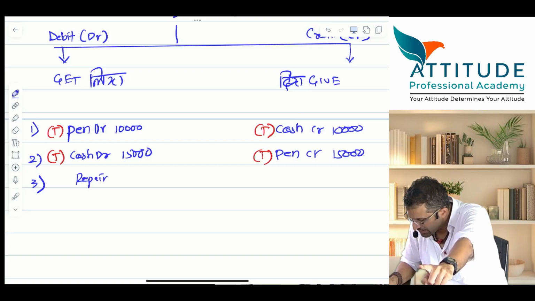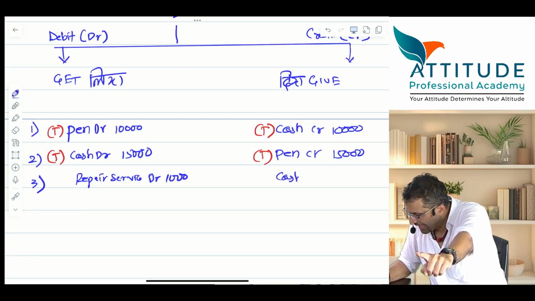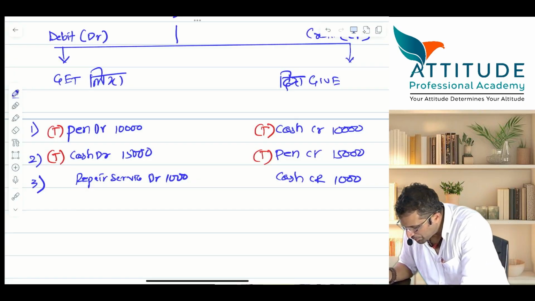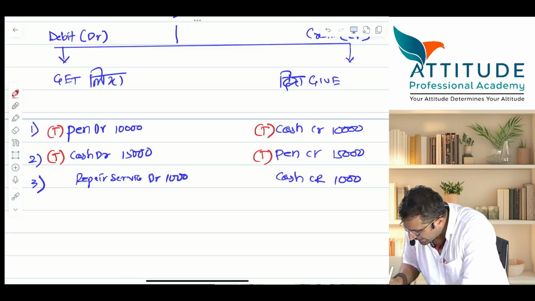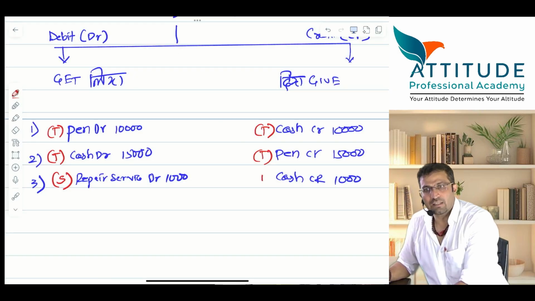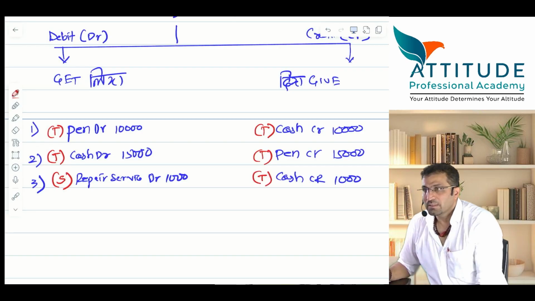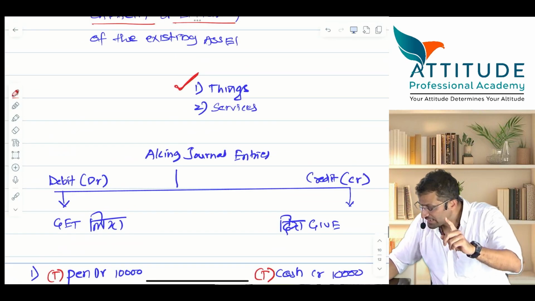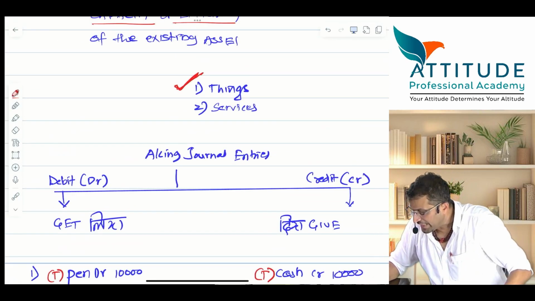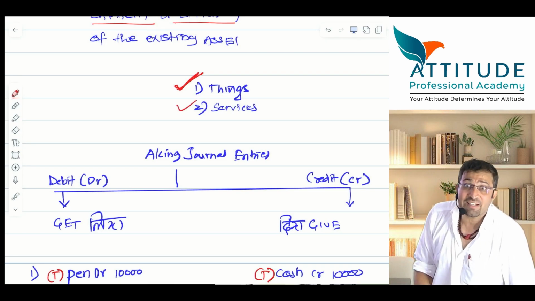Repair service debit 1,000. What did you give? Cash credit. How much? 1,000. Now tell me, in red I'll put it. What is repair? Thing or service? Yes. What is cash? Cash is a thing. So लेन देन सिर्फ चीजों का नहीं, लेन देन सेवाओं का भी होता है.